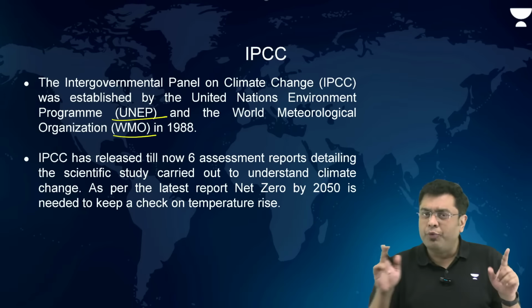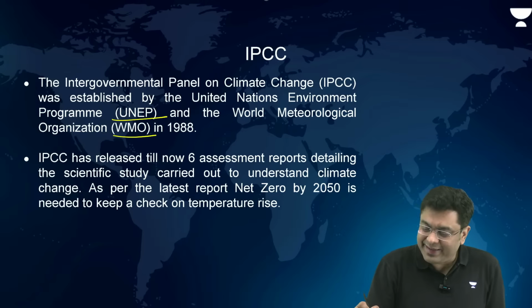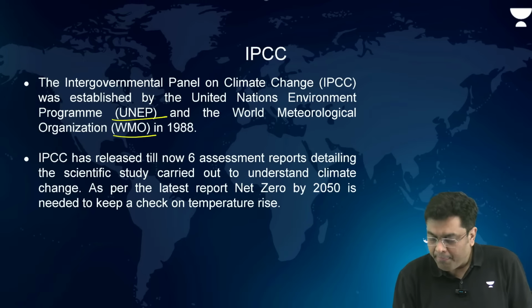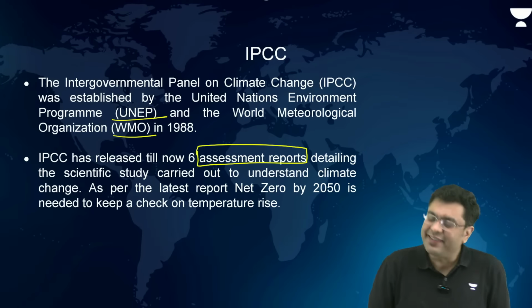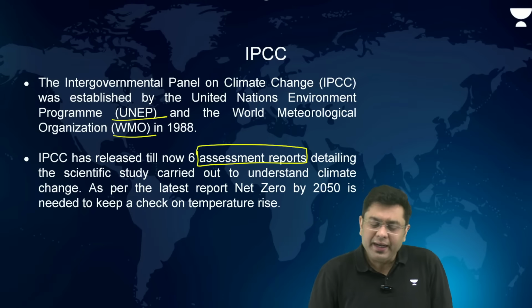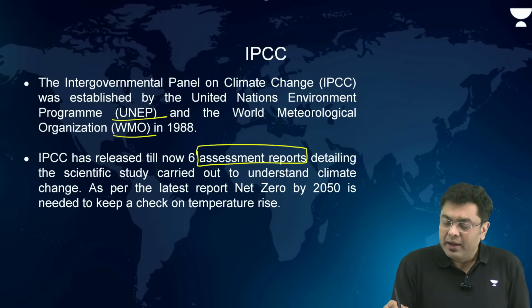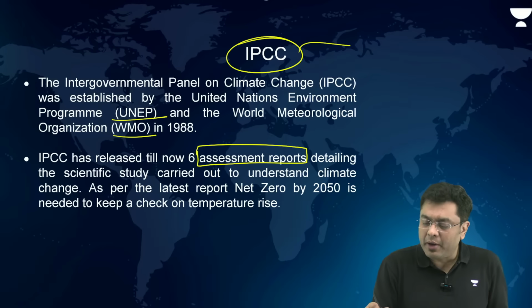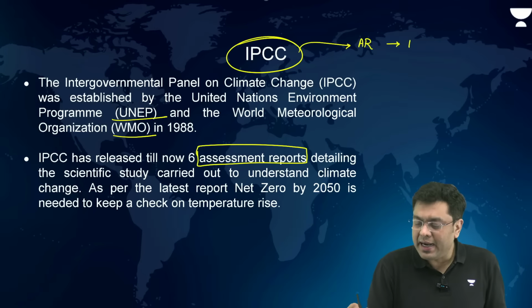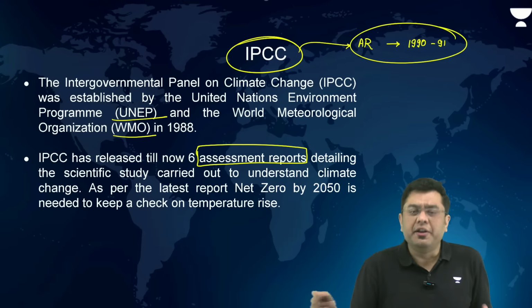So that is what is referred to as an assessment report, or AR. Now, the IPCC came up with the first assessment report in 1990 and 1991, because there are multiple different reports.